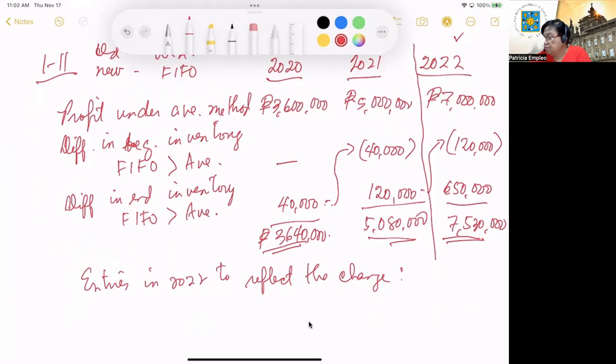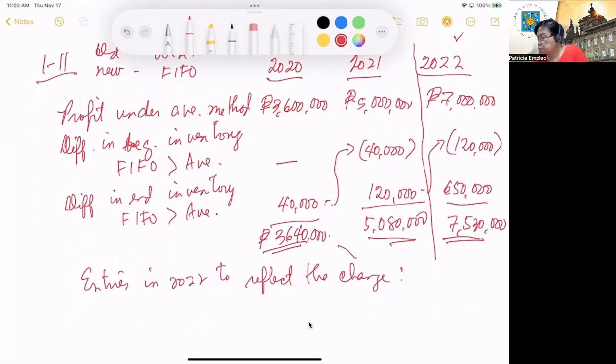Okay, so your inventory, how much is the difference there? Okay, so your retained earnings.